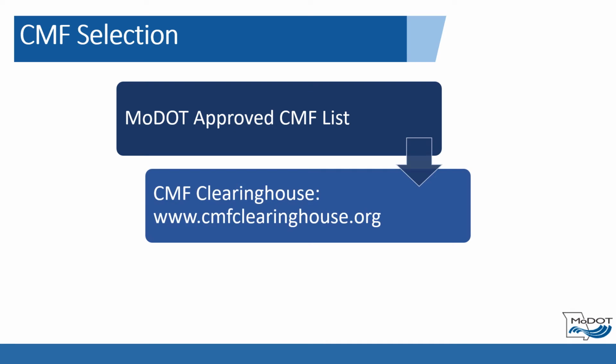If MoDOT does not currently have the appropriate CMF on their approved list, they may recommend the use of the Federal Highway Administration funded CMF Clearinghouse, www.cmfclearinghouse.org. This site provides an online searchable database to find applicable countermeasures and the published CMFs established for each.